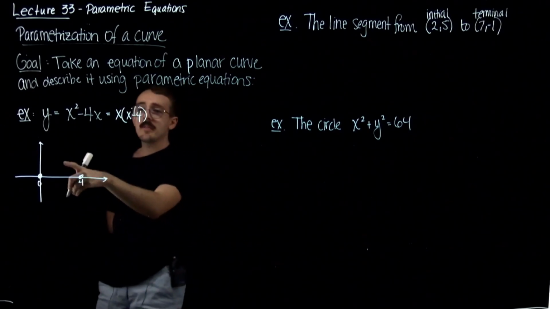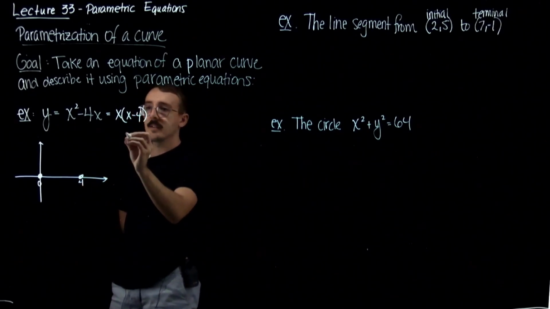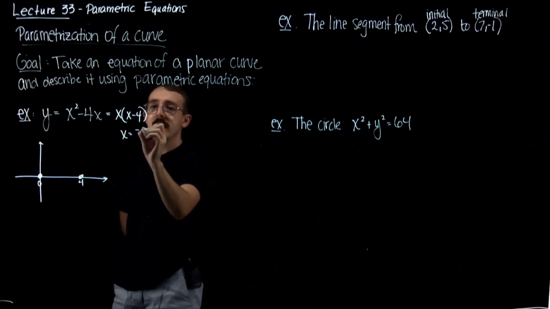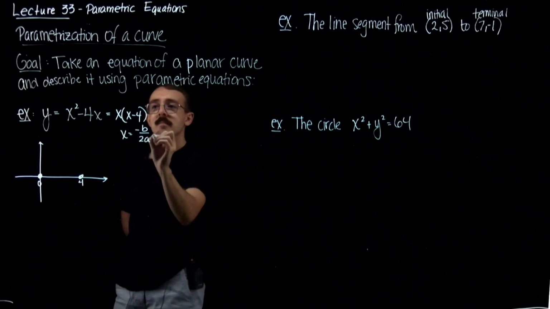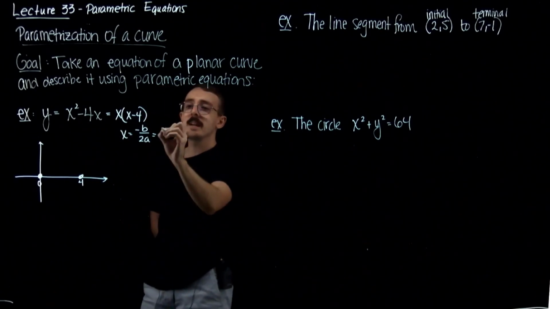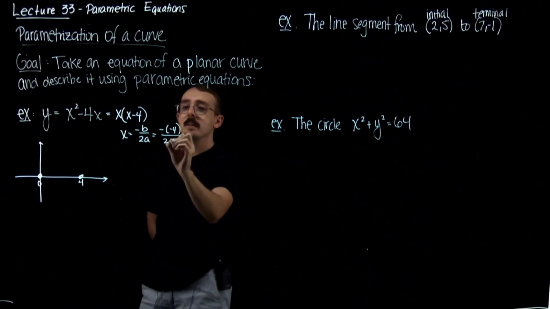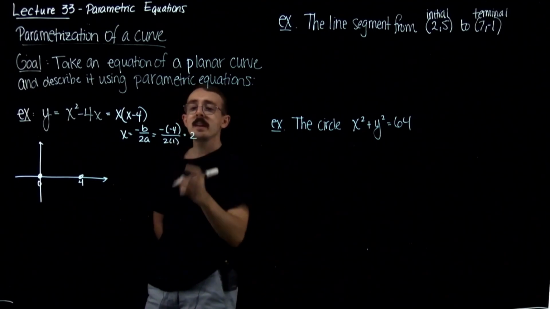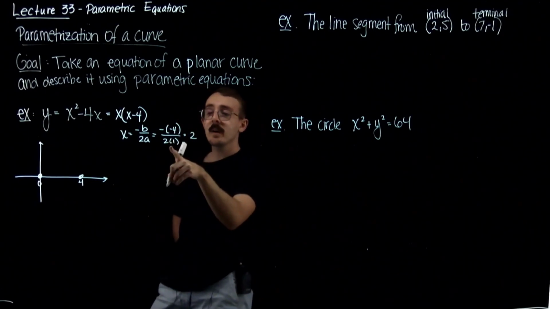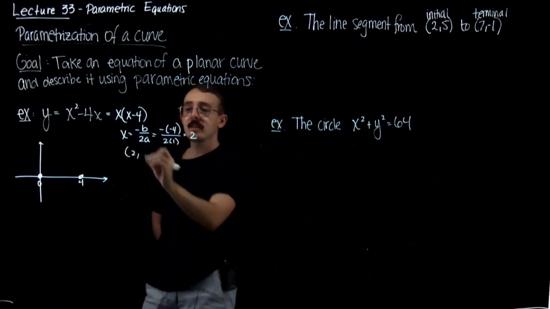And then the vertex of this, well, if I did the formula for the vertex, I would have x equals negative b over 2a. My b this time is negative 4, and my a is 1. So I know that x equals 2 is going to be where the x coordinate for the vertex is.